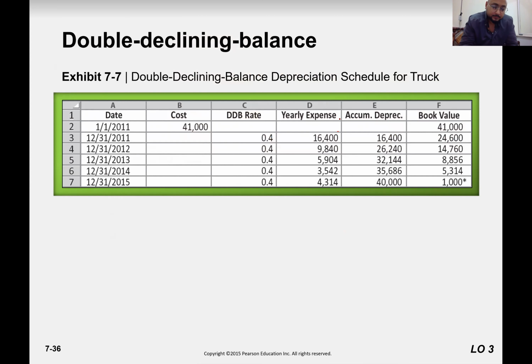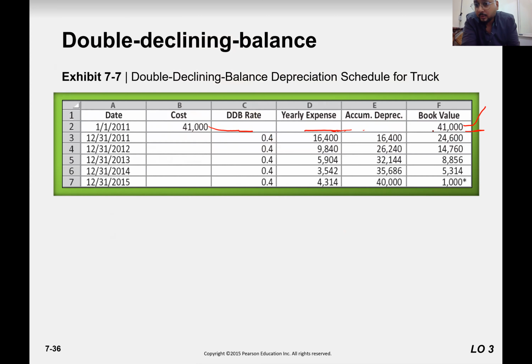It is 41,000 multiplied by 0.4. Answer is 16,400. The book value is equal to 41,000 minus 16,400. Answer would be 24,600. Now the value is 24,600.